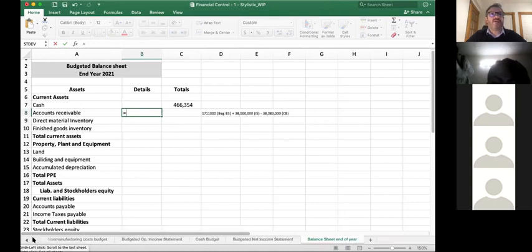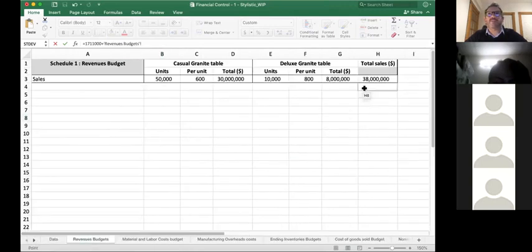Okay, so we have to copy, 1711, plus all the revenues that we have in total sales, minus what we pay in the cash budget.